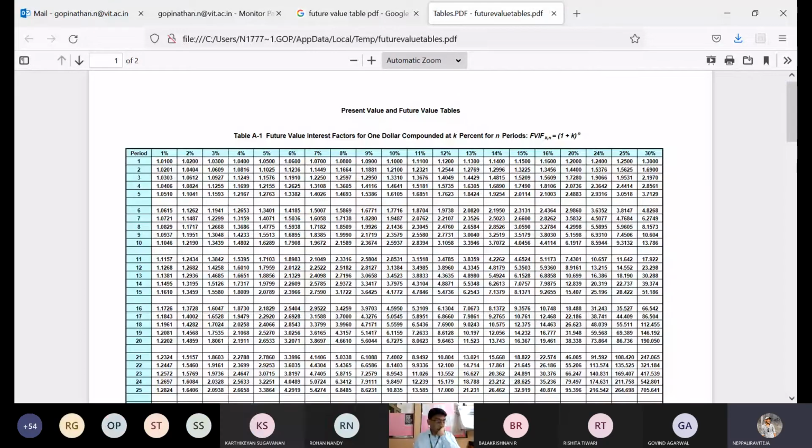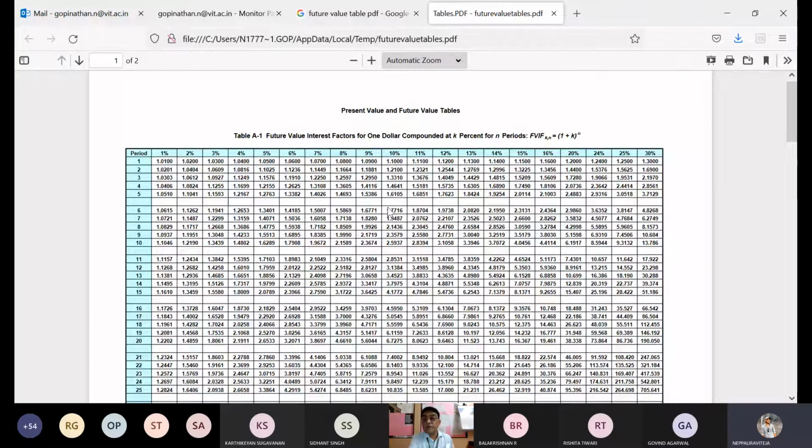Ravi, what is the formula we have used? 1 plus 10% to the power of how many years? N. How many years? 6 years. Now I'm just seeing the table, you can see. 6th year, 10%, how much are you getting? 1.7716.